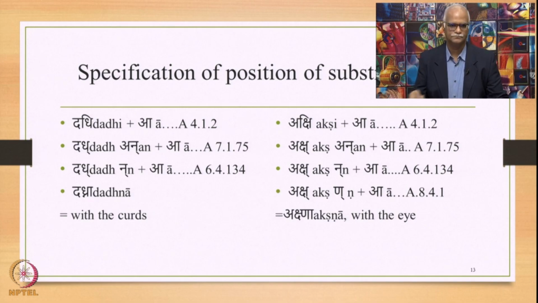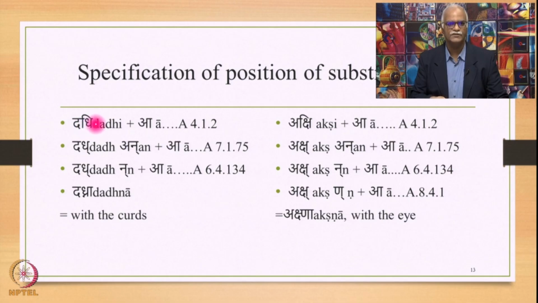So, now here is the environment, a vowel beginning vibhakti which begins with the third vibhakti immediately after this. So, this is the right hand side environment that is fulfilled. Similarly, over here this is the right hand side environment. Now, immediately before this, when dadhi comes or akshi comes, then substitute this akshi or this dadhi by an. That is what 7175 states.